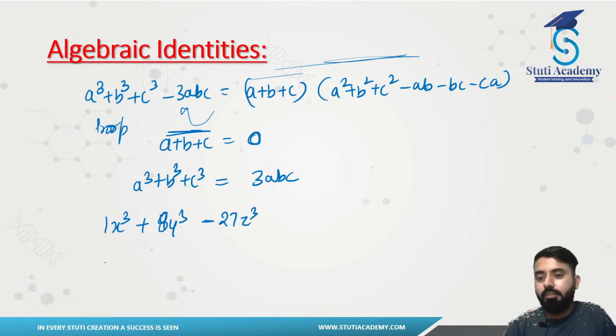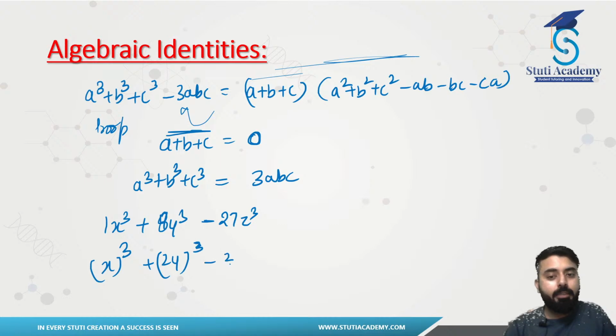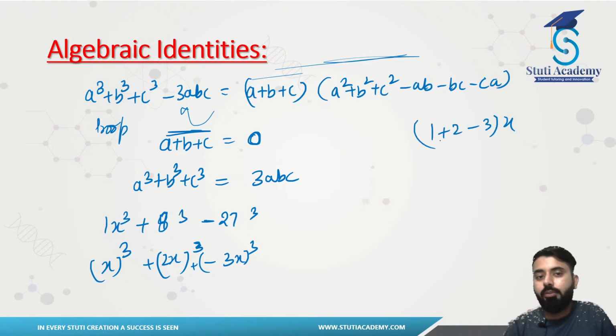If I write it in its lowest form, it will be (x) whole cube, (2y) whole cube and (minus 3z) whole cube. Now let's just take x here instead of y. So you see x here and x here as well. If you add 1 plus 2 and minus 3, all have x with them, together they will add up to 0. So its answer should only be 3abc. That is what I am trying to tell you.